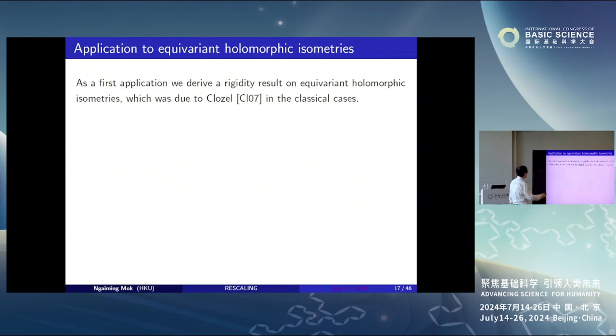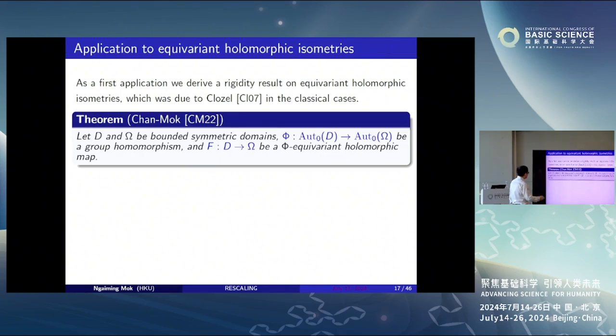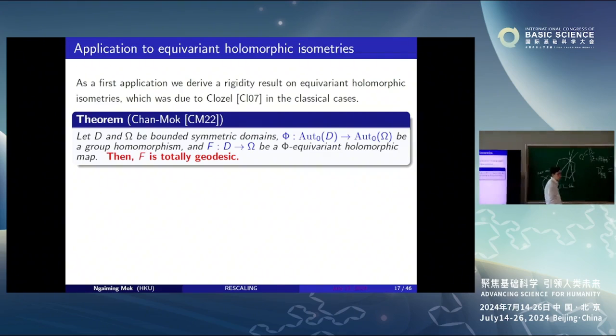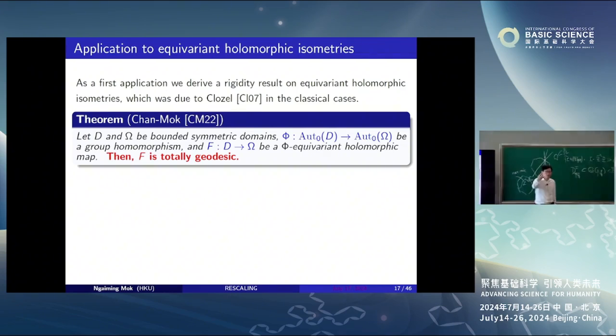Okay. So now I want to give an application, and this was again one of the reasons for studying asymptotic total geodesy. When I visited Oxley, Clausel showed me this work of his, which was done by Lie theory. If you have an equivariant holomorphic map between bounded symmetric domains, is it necessarily totally geodesic?